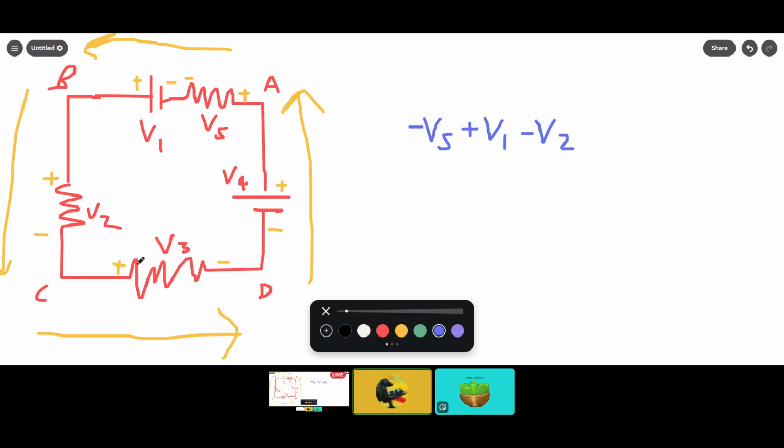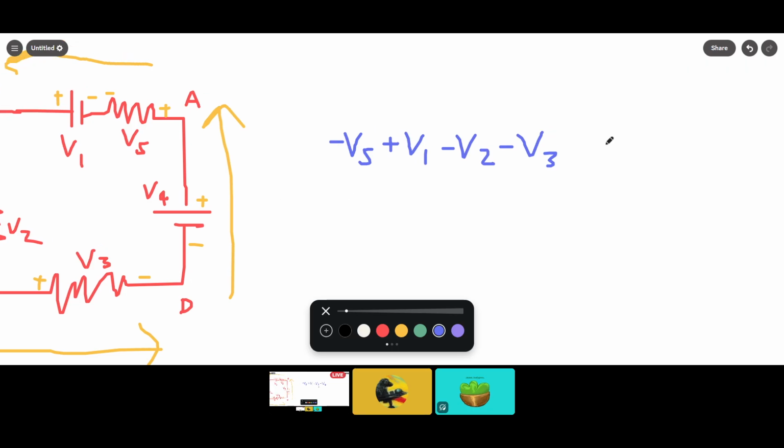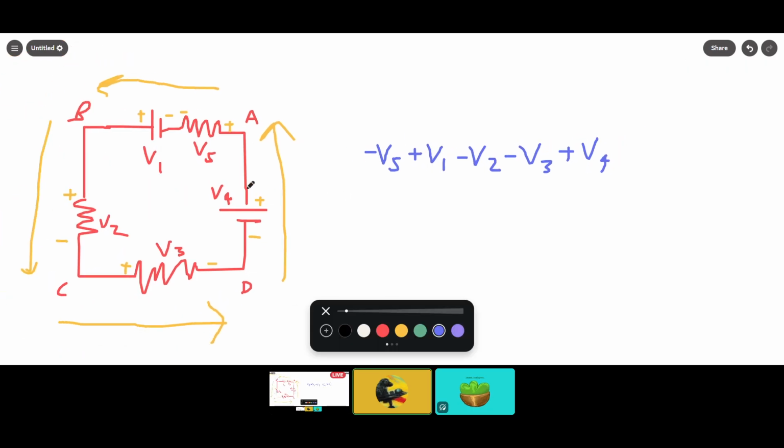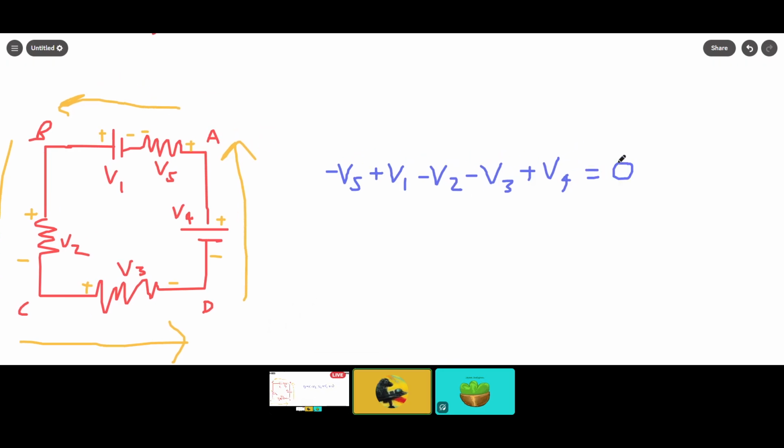We enter this resistor, we exit as minus, so we write minus V3. We enter this battery and we exit as plus, so we write plus V4. Then we reach A and we're done. Last step, we write equals 0.